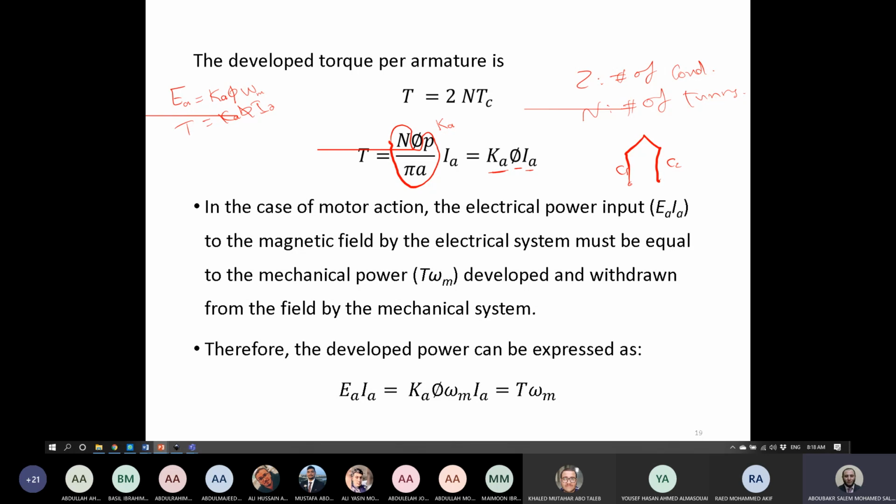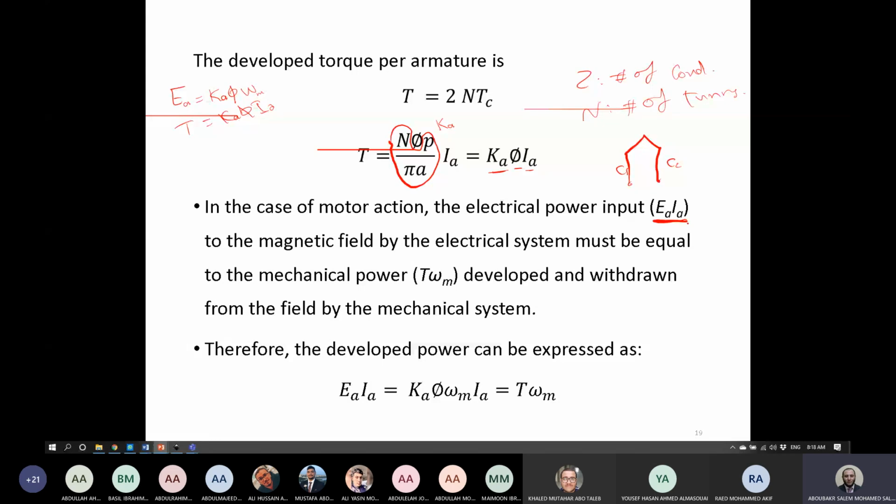This is called developed power or electromechanical power. This power is considered as EA multiplied by IA, which will be converted from electrical to mechanical power.